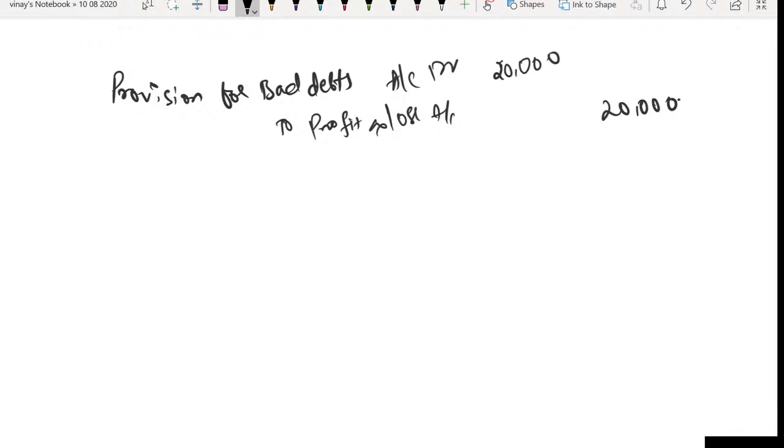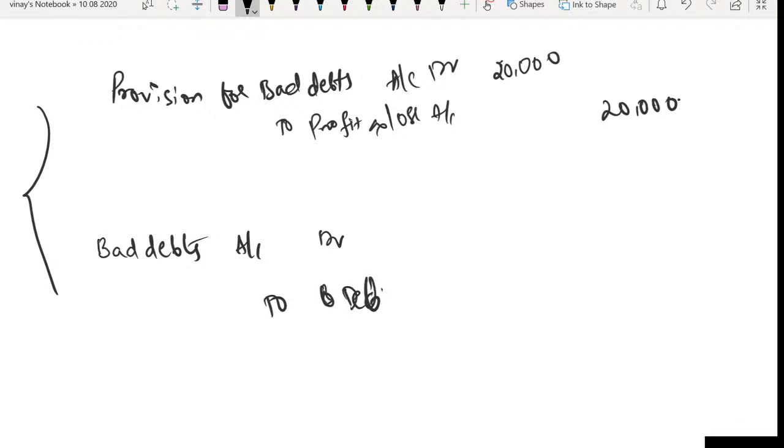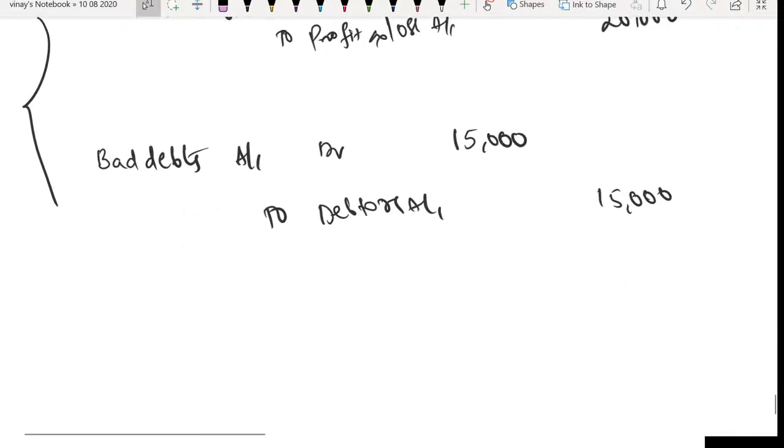So next year, as soon as bad debts get incurred, you will pass this entry: bad debts account debit to debtors account. You will reduce your debtors balance. Then I came to know it is only to the extent of 15,000. So the real bad debts are 15,000.